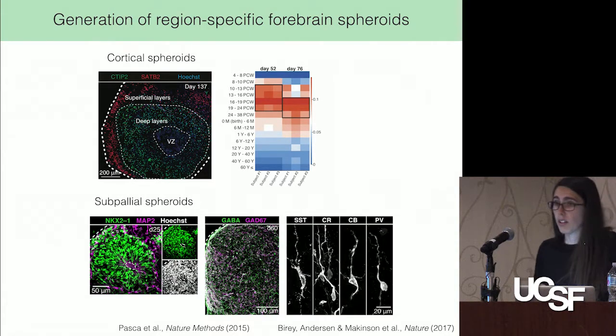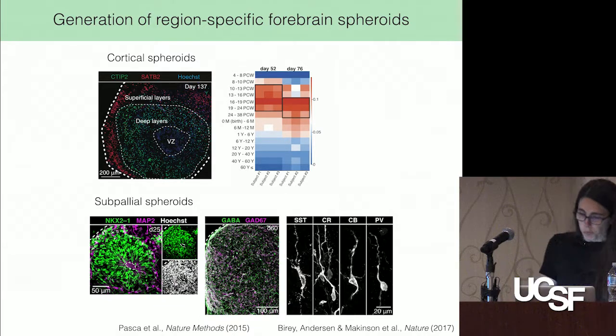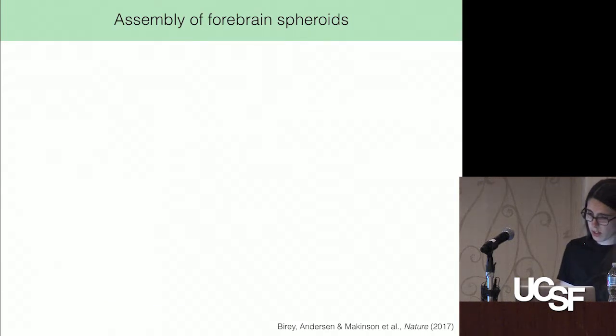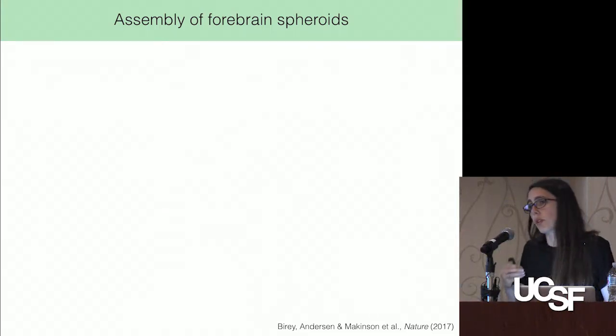We also see expression of the main subtypes of interneuron markers like somatostatin, calretinin, or calbindin. So again, we have our regions of interest. We have our excitatory neurons that are born on the dorsal part of the brain, and our inhibitory neurons that are born on the ventral part of the brain.